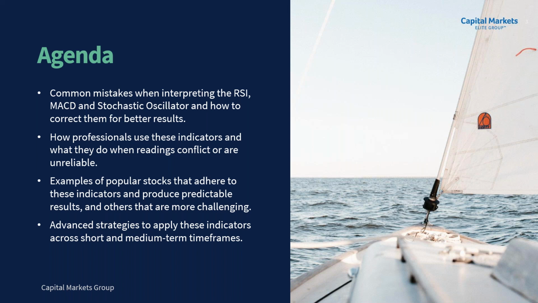We're also going to speak about how professionals use these indicators and what they do when readings conflict or are unreliable. We're going to look at some examples of popular stocks that adhere to these indicators and produce predictable results, and others that are more challenging. And then we're going to use some advanced strategies to apply these indicators across both the short and medium term timeframes.